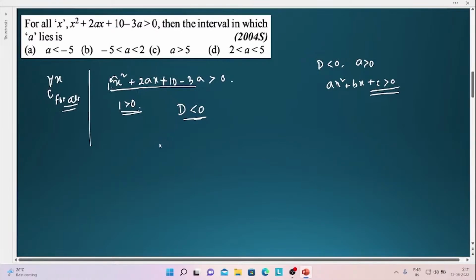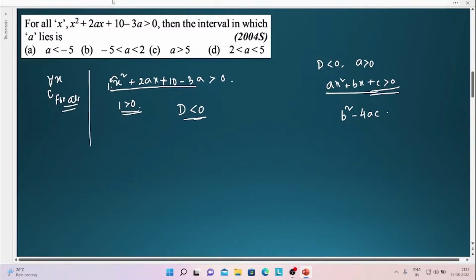Okay, let's solve this question. You know, for a quadratic equation ax square plus bx plus c equals 0, the discriminant will be b square minus 4ac, right?